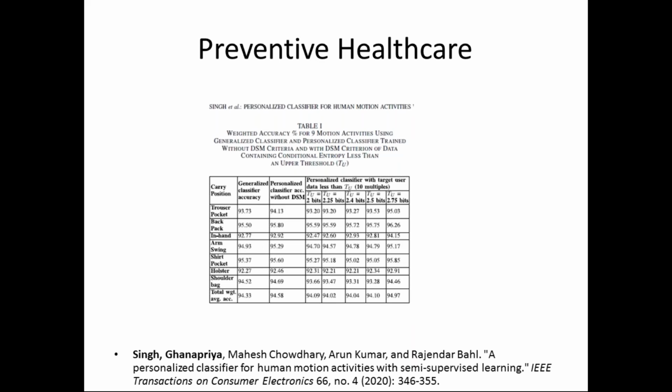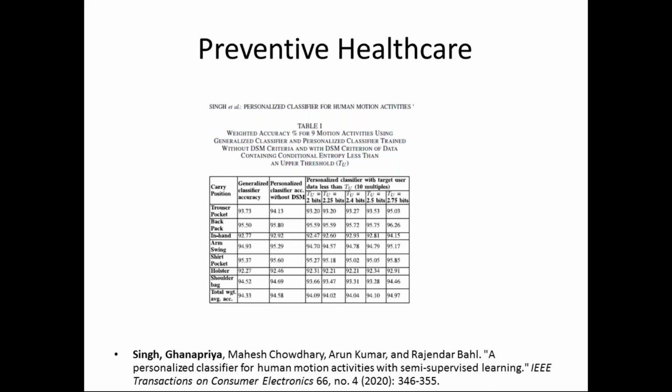How do we do this? In data selection measure, we can have any criteria. For example, here conditional entropy is taken. If the conditional entropy of the data obtained is above a particular threshold, then we shall be able to use it. Otherwise, we shall discard that data.